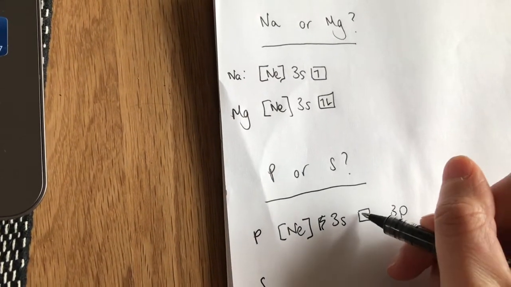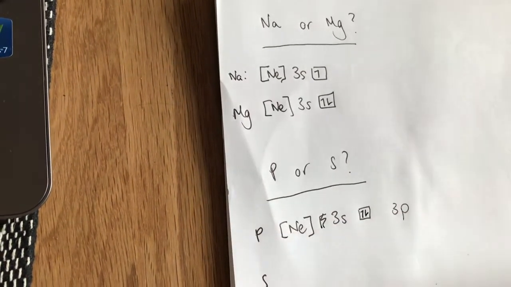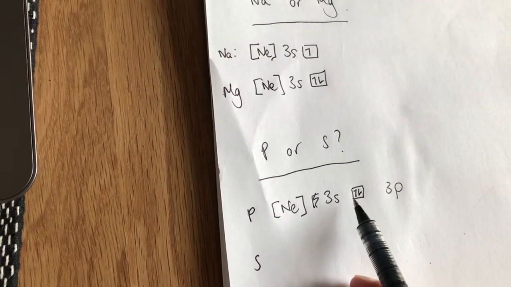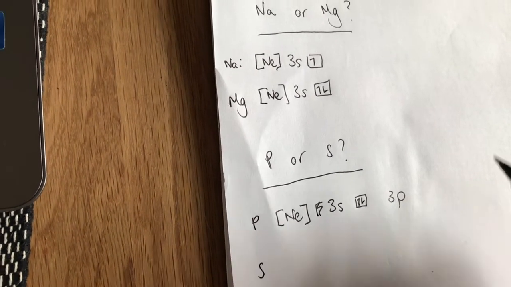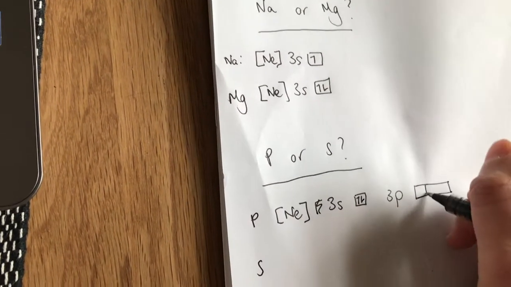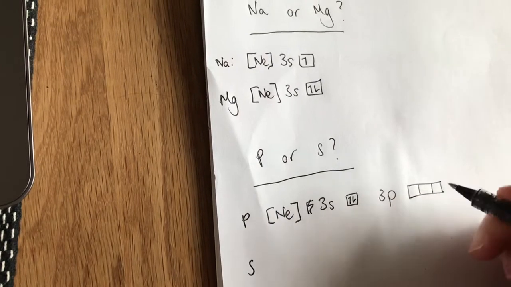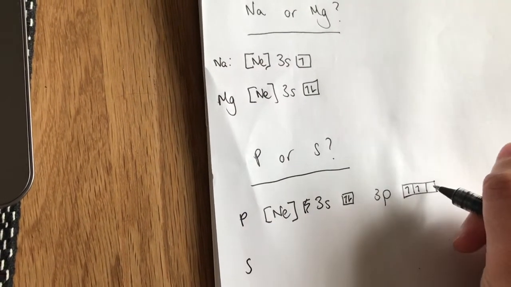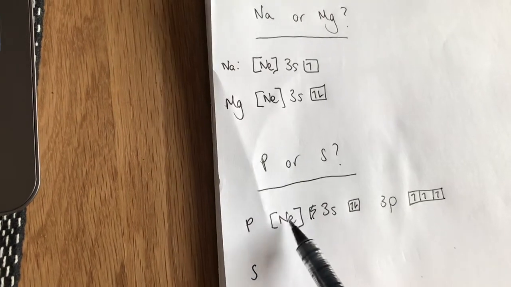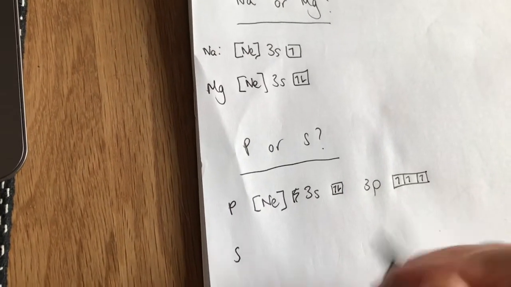So we've got 2 electrons in the 3s. That takes us, neon's got 10, to 12. And then in the 3p, there are 3 atomic orbitals in a p subshell. They are spread out like that. So that's 15, so 5 here and 10 from here, electrons.